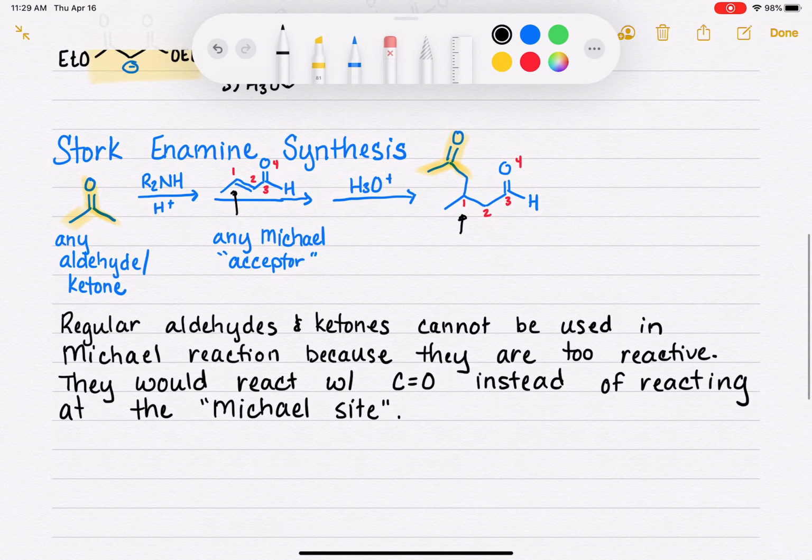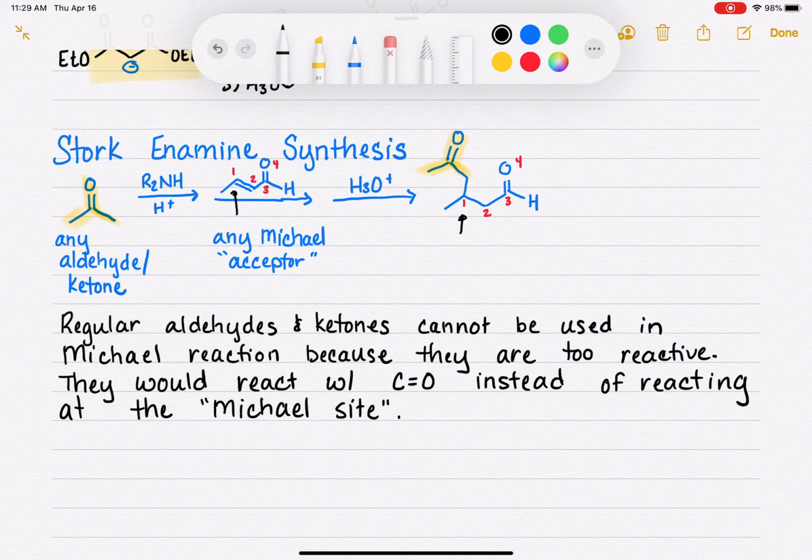In order to be able to do this Michael addition reaction successfully, we need to have a really, really weak nucleophile that is not going to be very motivated to react. And so it will instead come out and attack at carbon number 1 away from the carbon-oxygen double bond.